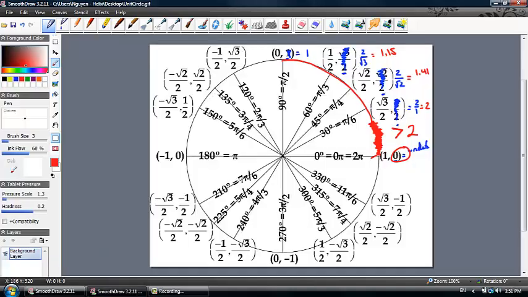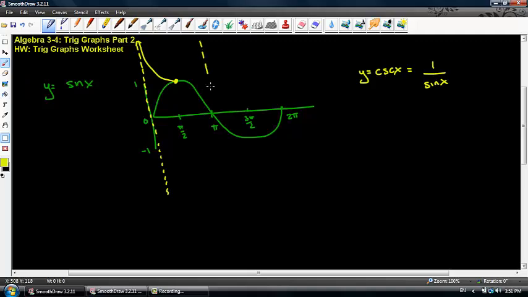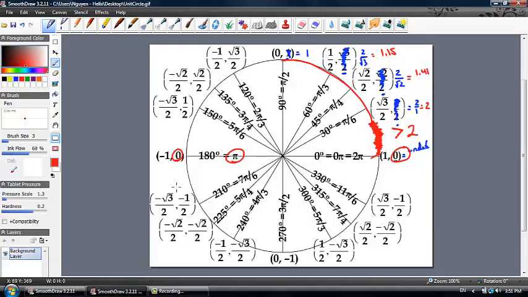Let's take a look at the unit circle again at our next critical point, which I'll identify as pi. The reason is that this is where the next asymptote is going to occur, because we're going to flip 0 one more time. So at pi, I end up with another asymptote. Let's look at the values in between. From 1, we're looking at 2 over rad 3, which is 1.15. Then rad 2 over 2, or in this case 2 over rad 2 because we're dealing in cosecant, which is 1.41.